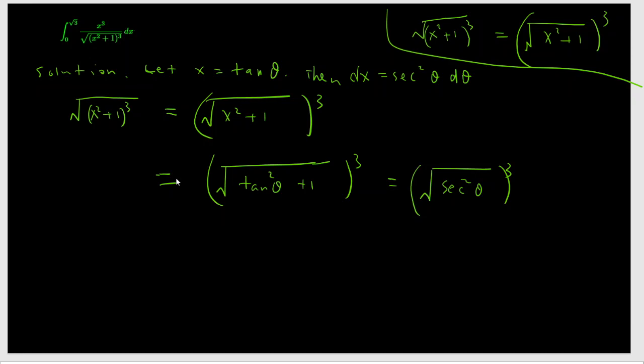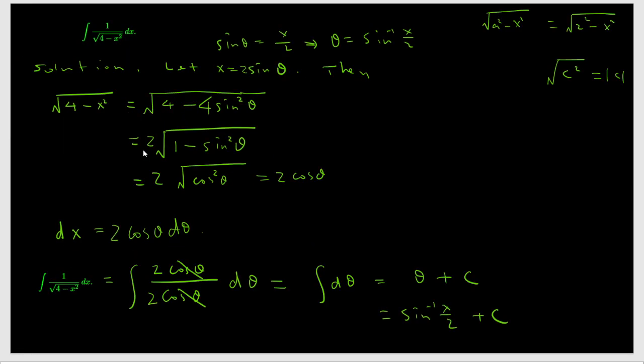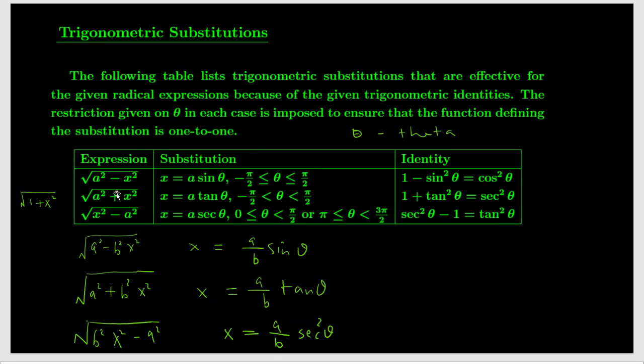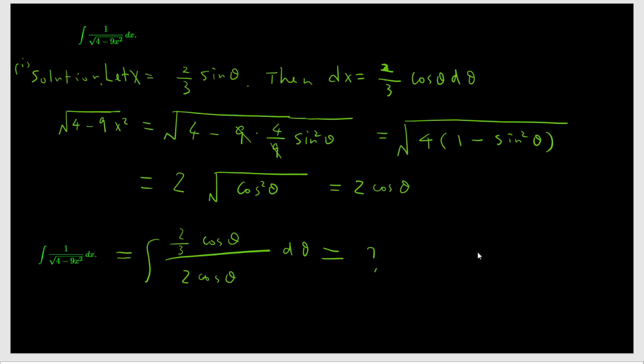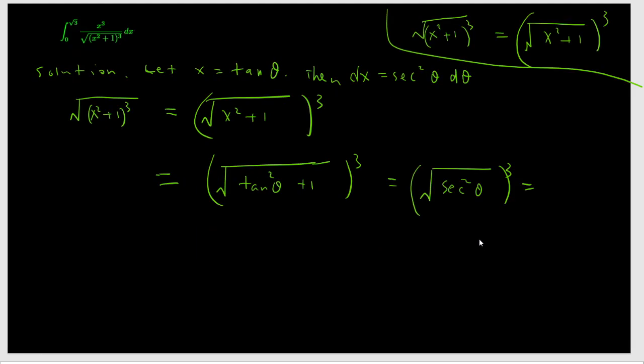Now we are almost ready to get rid of the radical. Okay. When theta is in between negative half pi and half pi, I was talking about the restriction on theta. When we make the substitution, you see if the substitution is a tan of theta, the restriction on theta is in between negative half pi and half pi. So that's what I said, right? I believe when theta is in between negative half pi and half pi, secant of theta is always positive.